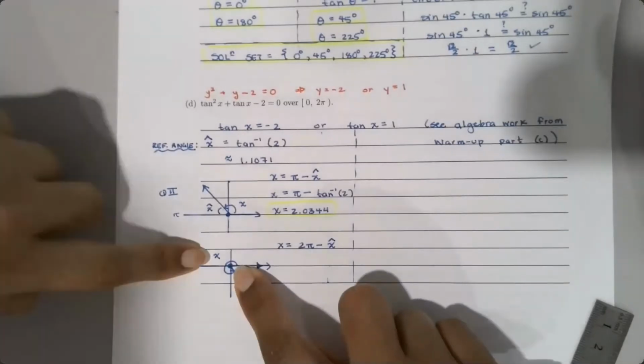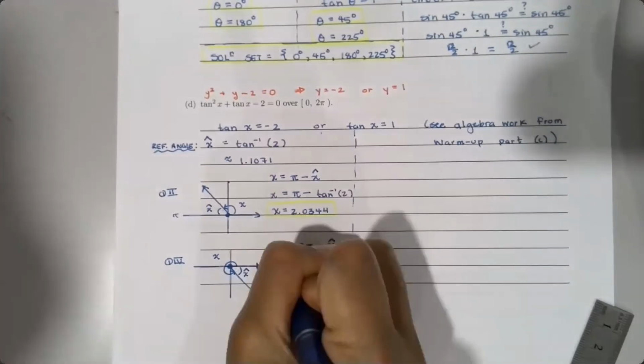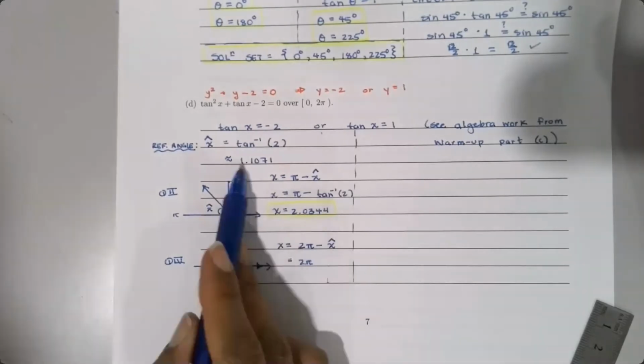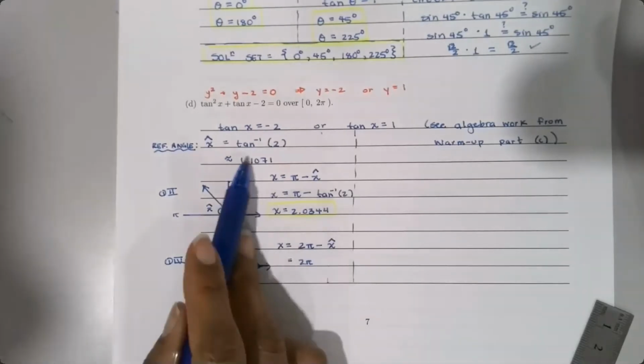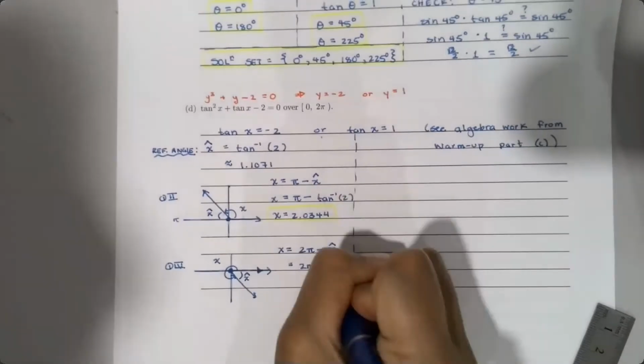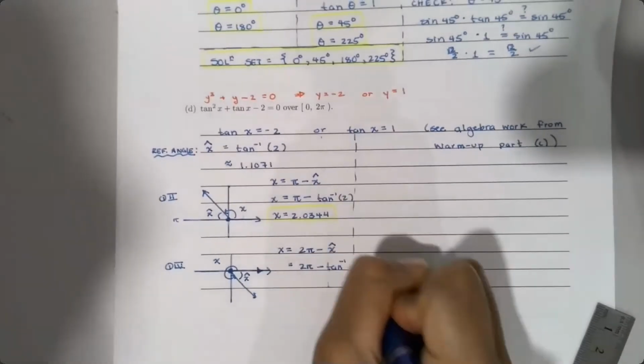Okay, so very good. Again, we can replace the x hat with the 1.1071, but since this was an approximation, it's going to contain a little error. So I'd like to just put in the original value of tan inverse 2.